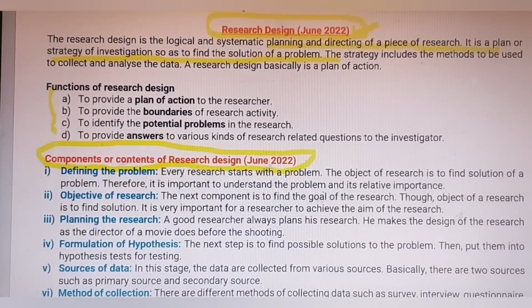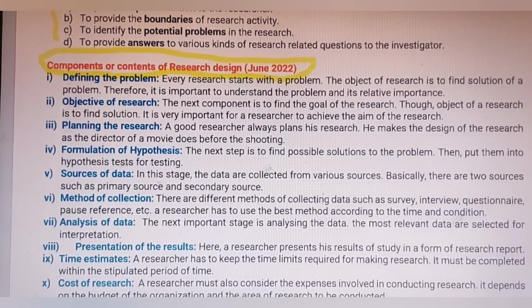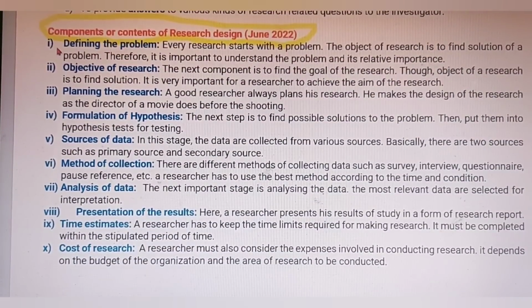And the main components of research design: defining the problem, what is the problem all about?